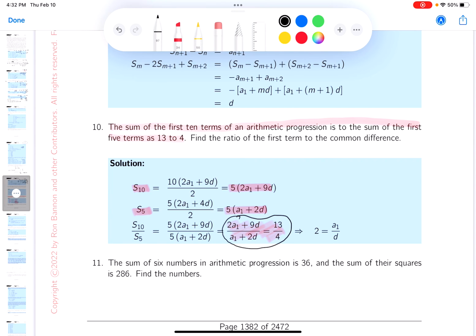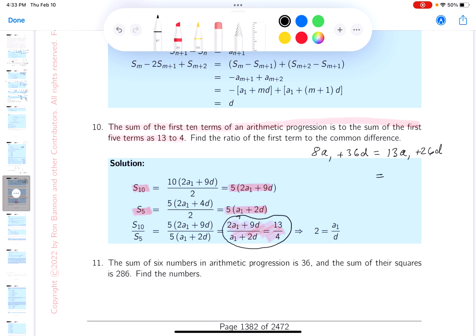Well, I'm going to multiply by the LCD. Some people call this cross multiplication, by the way, but I am multiplying by the LCD. So I would get 8A1 plus 36D. Let me be careful here. 8 times 36, 13A1 plus 26D.